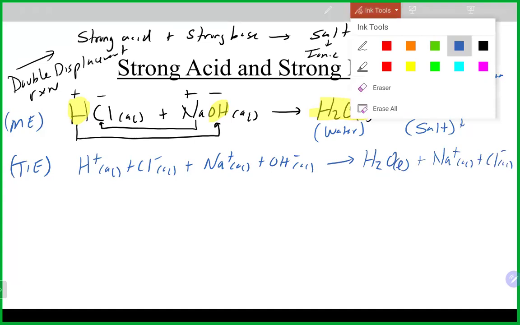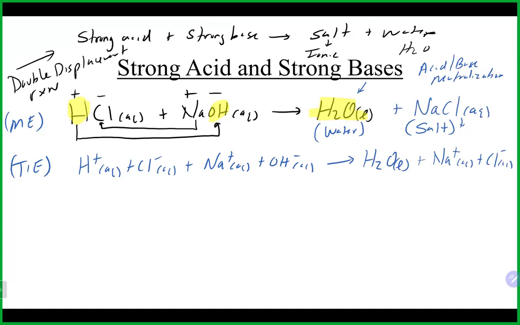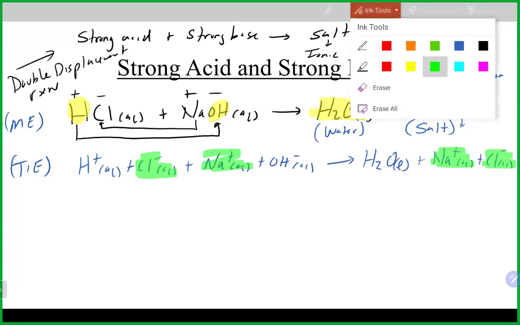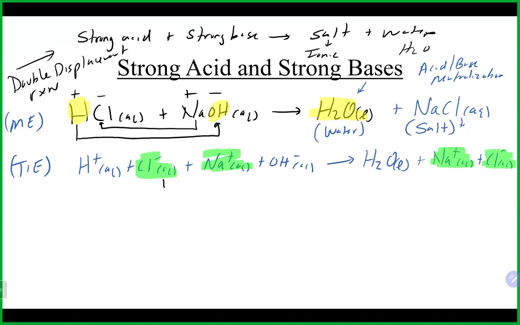And just like we did previously in our total ionic equation, we could find ions that look exactly the same on both sides of the arrow, and that in this case would be the sodium and the chloride, and these are going to be our spectator ions, just like we had previously.